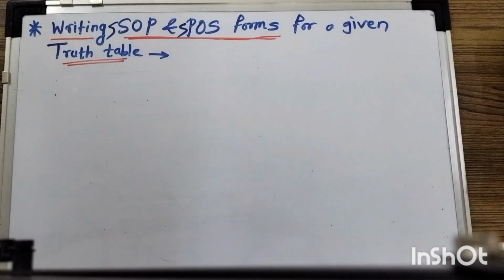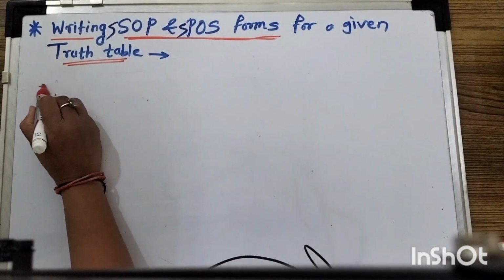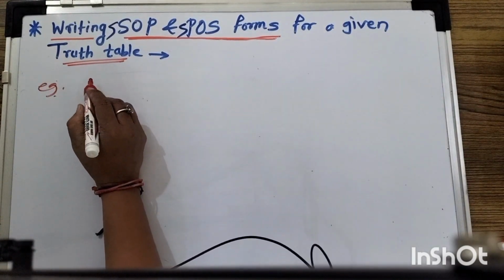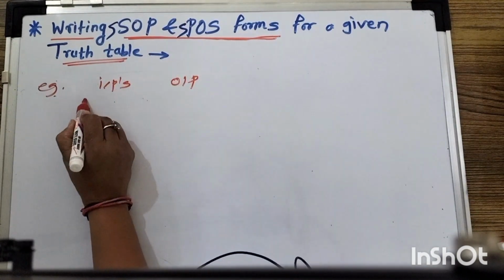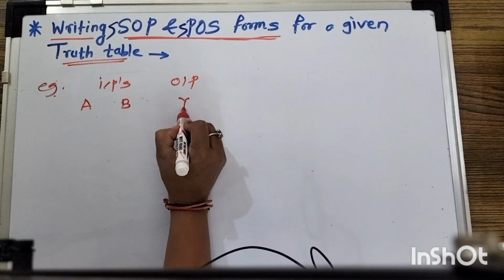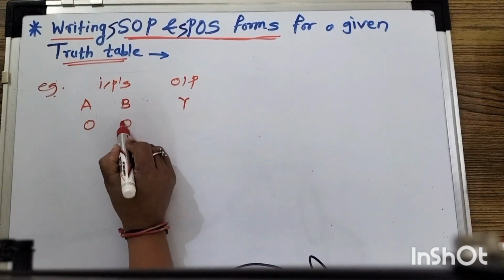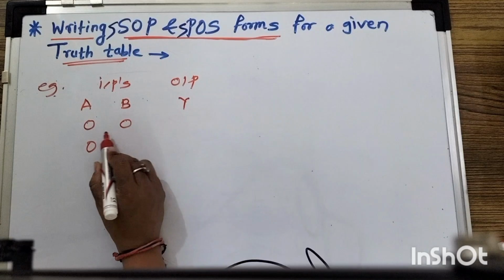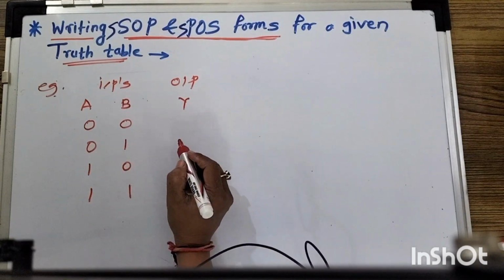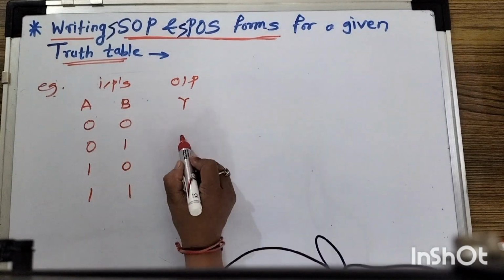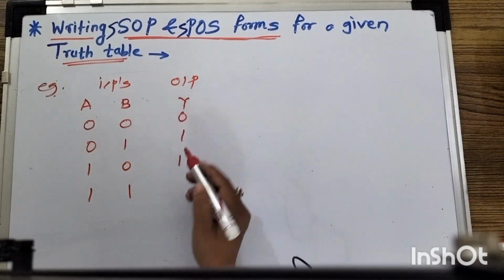See, first example: suppose in the exam you are given a truth table like this. Suppose these are my inputs and this is my output. The inputs are A, B and the output is Y, and they have given the truth table like this, for the combinations 0 0, 0 1, 1 0, 1 1. For these two combinations they have given 1 1, and for these 0 0.